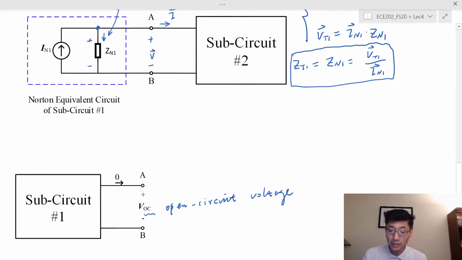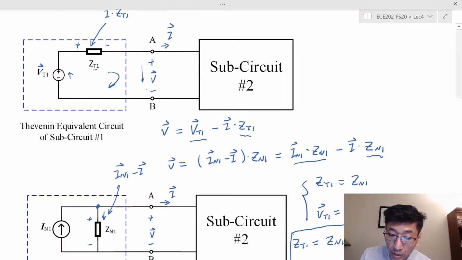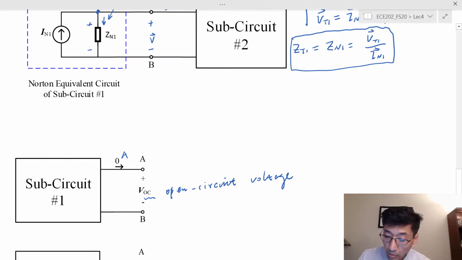Once I remove it, nothing is connected to these parallel nodes, therefore the current here is 0 amps. If the current is 0 amps, I equals 0, which means the open circuit voltage V sub OC would be equal to V sub T, right? So the open circuit voltage V sub OC is going to be equal to V sub T1. That's how we find the Thevenin voltage.